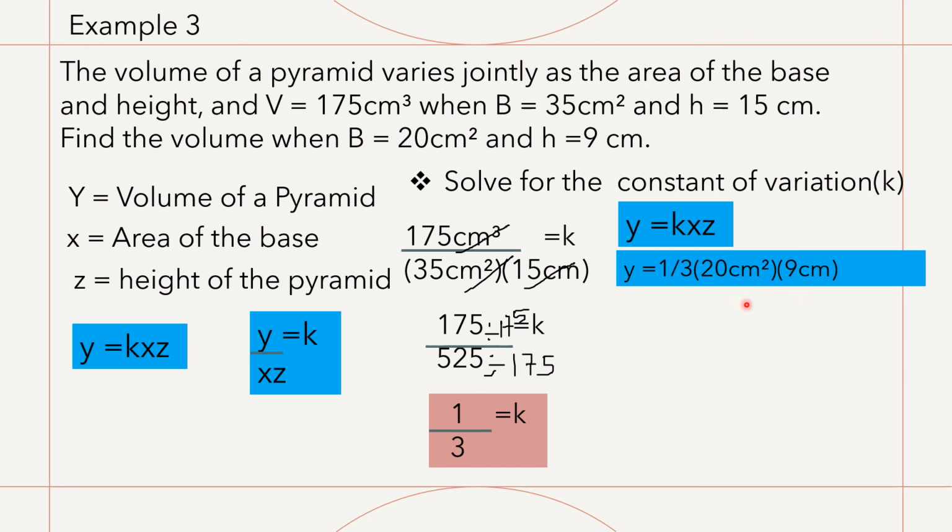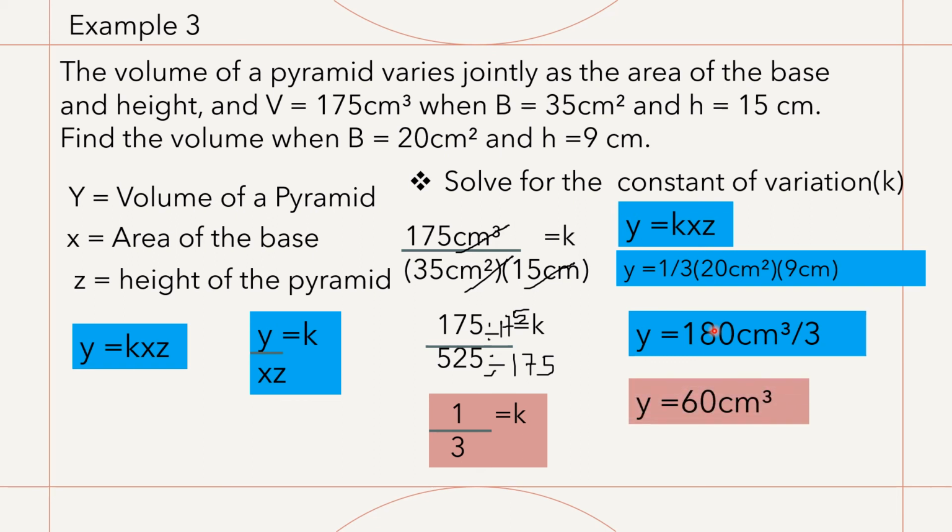So 20 times 9, that is 180, times 1 is still 180 divided by 3. Fraction siya, diba? 1/3. Multiply mo lang yung numerator times 20 times 9 and then divide lang sa denominator. So that is equal to 180 cubic centimeters divided by 3, that is 60 cubic centimeters.